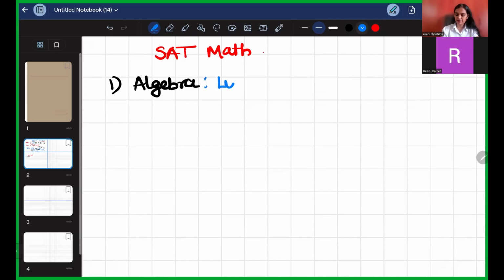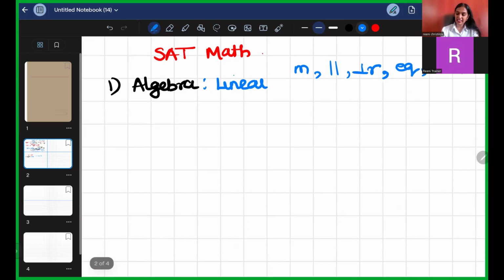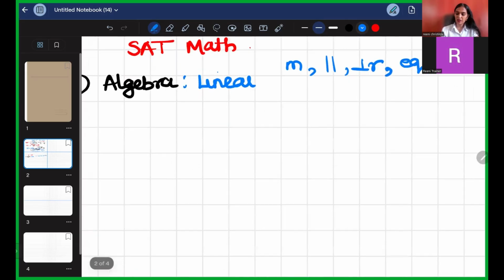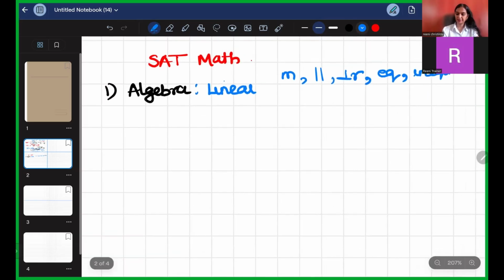Everything that is linear, right? So slope, parallel lines, perpendicular lines, equation of a line, inequalities, solving inequalities, equation handling, all these are discussed here. The second topic is advanced math.